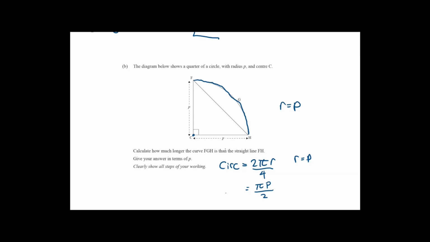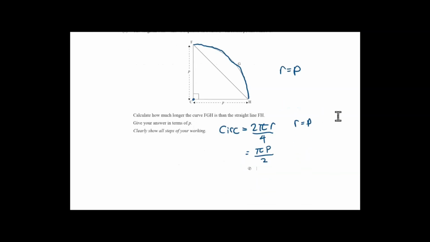Now we need to work out the length of this, and we know that this is a right angle triangle. So this length here, let's just call it x. So x squared is going to be equal to p squared plus p squared, which is 2p squared.